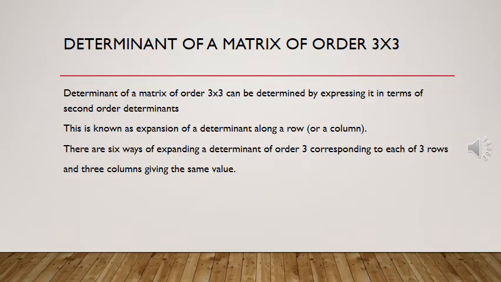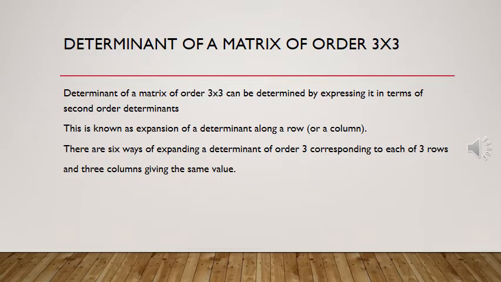Let's see how we can find the determinant of a matrix of order 3 by 3. It can be determined by expressing it in terms of second order determinants. We already learned how to find the determinant of a second order matrix.